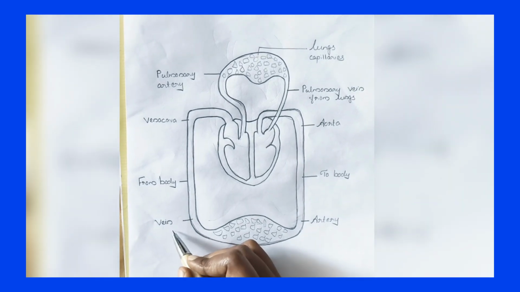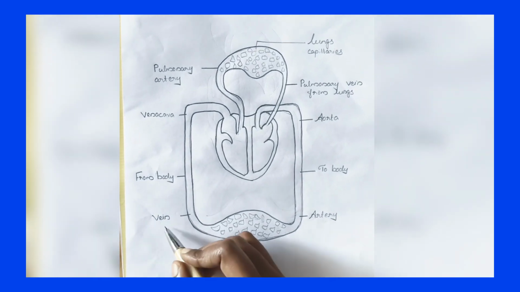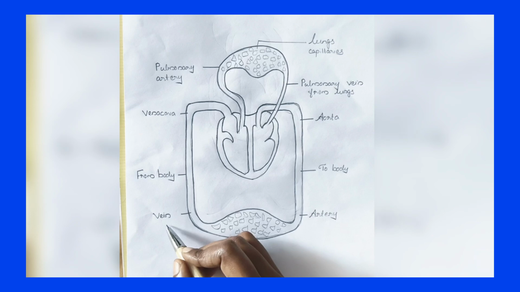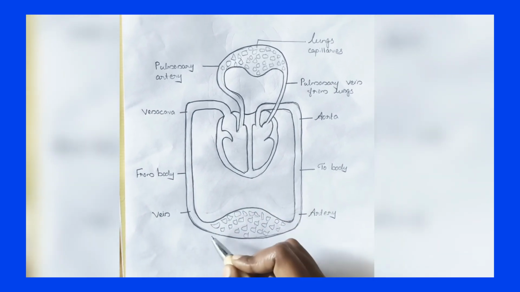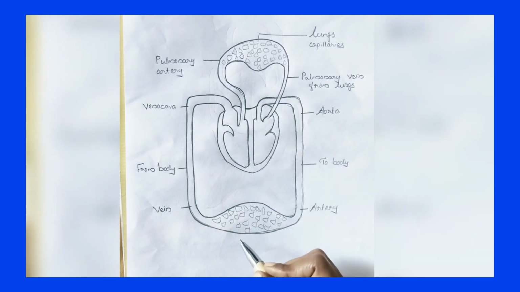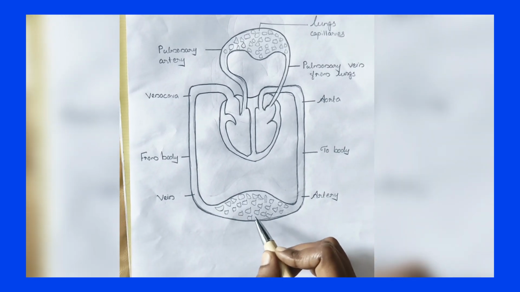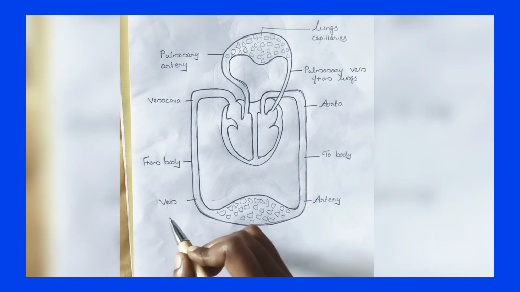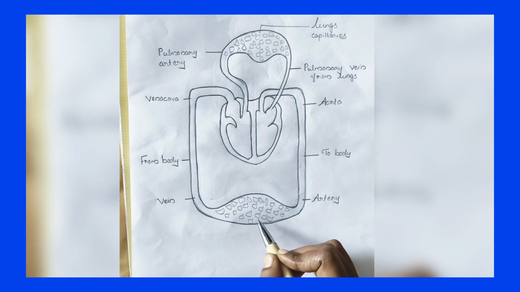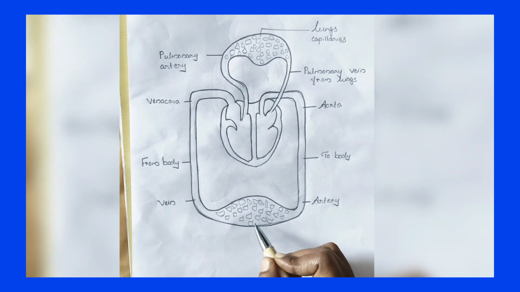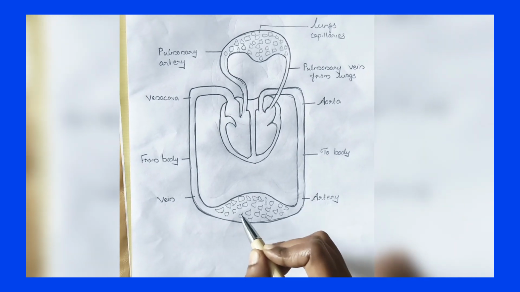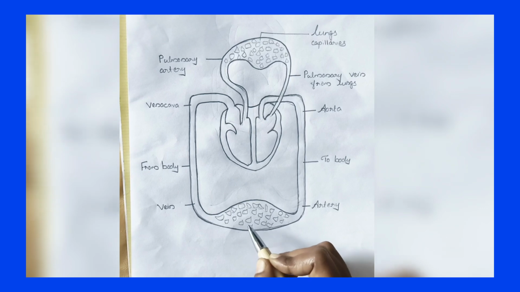Next, the vein is a kind of blood vessel. Always it carries deoxygenated blood from different parts of our body to the heart. Then in between artery and vein there is a connection or link, that you can call capillaries. So capillaries are used to connect each and every cell in our body.